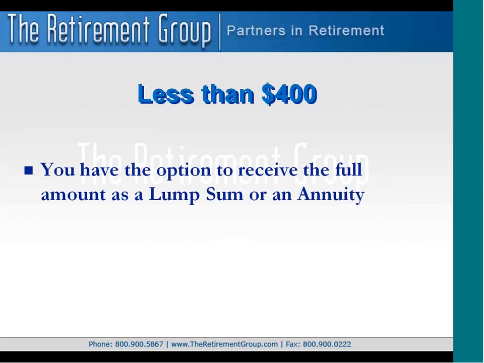If the difference between the highest 2 annuity payments is less than $400, so let's say the CAM equates to $2,000 a month, and the cash balance equates to $1,700 a month, that's less than $400 difference. So they are going to be able to take their full lump sum, or the full annuity payment, whichever they choose.